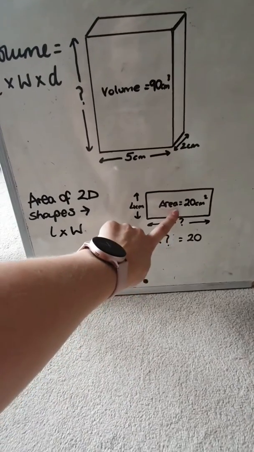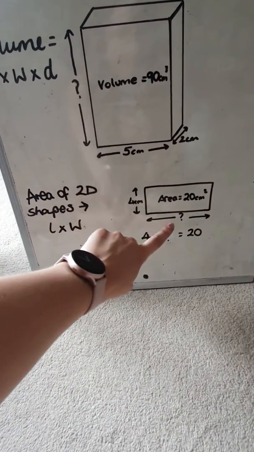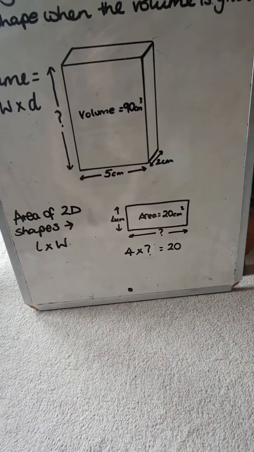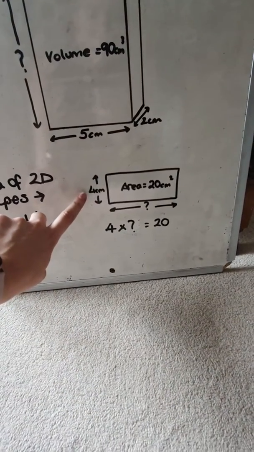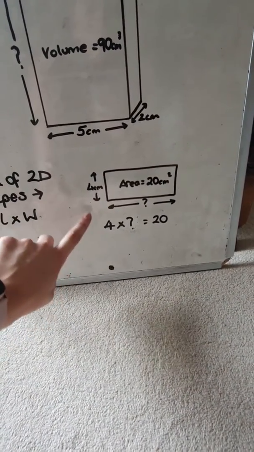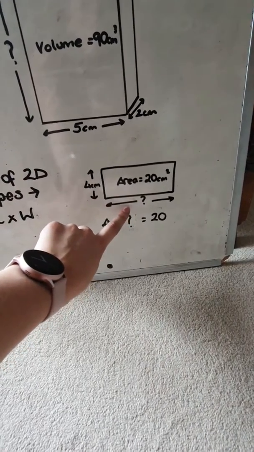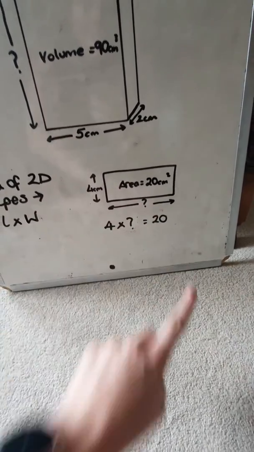We gave you the area and we gave you one dimension, but we didn't give you the other, and we were asking you to work backwards. So we asked you to recognise that your calculation was 4 multiplied by question mark equals area 20.